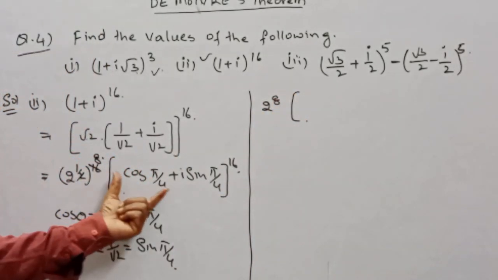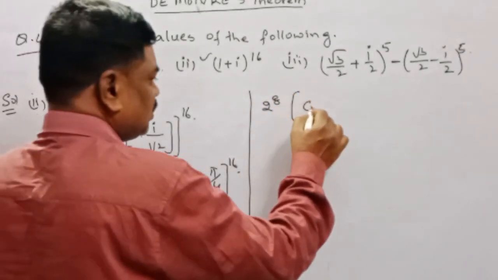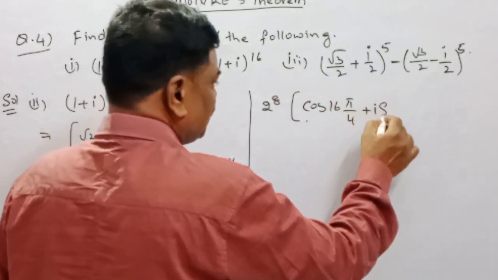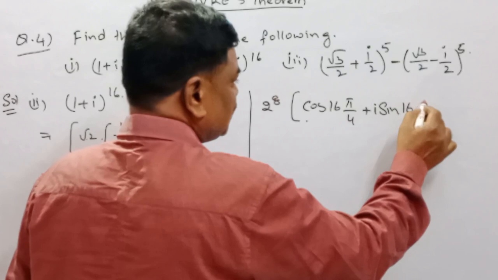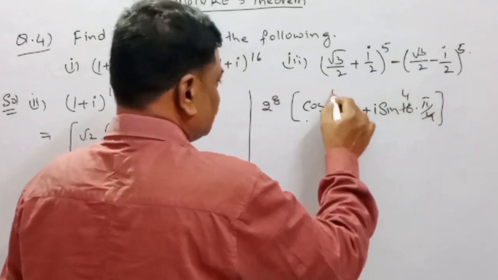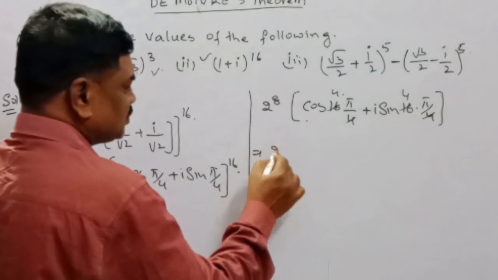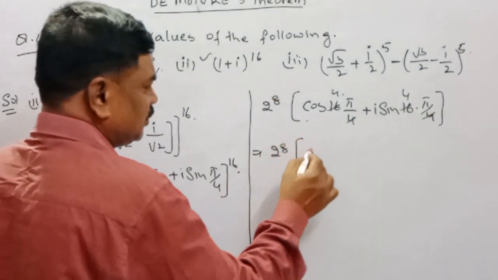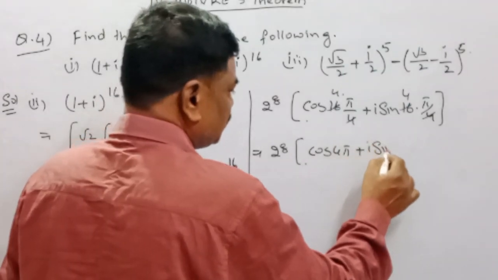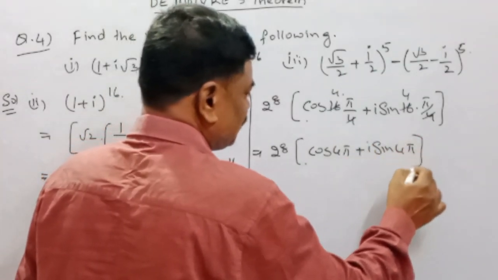By using De Moivre's theorem, this is cos 16 pi by 4 plus i sin 16 pi by 4. 4 fours are 16, so this is 2 power 8 into (cos 4 pi plus i sin 4 pi).